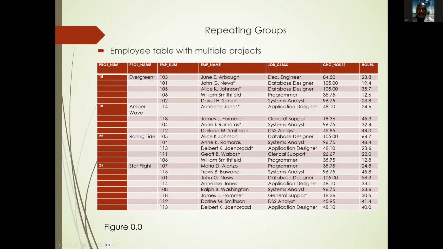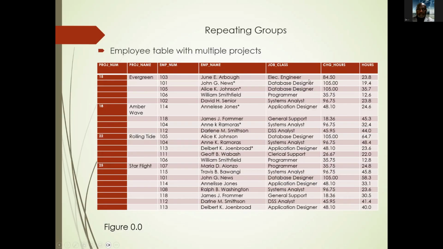Remember, this is a continuation of repeating groups, right? Look at this. This is beautiful, of course. And then we have all these records of employees with their job class. June is an electrical engineer, and the charge hours is 84.50.